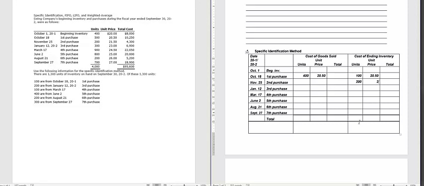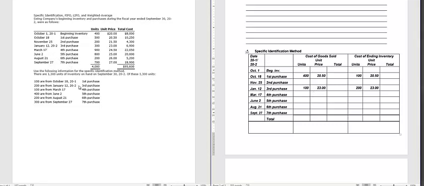Oops, there was a total, oh, I put that on the second purchase, sorry. Okay, of the third purchase, there were a total of 300. So if we still have 200, then we sold 100, and their cost was $23 each.